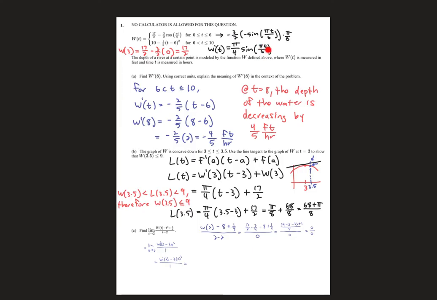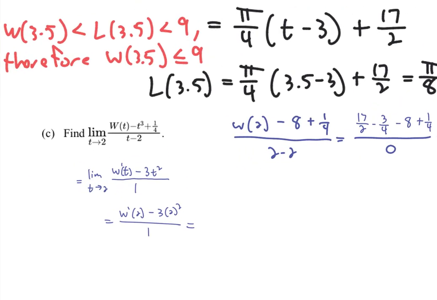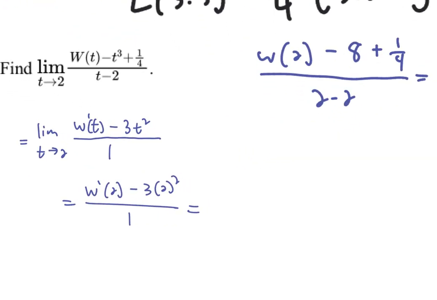Okay, sine of pi over 3 is root 3 over 2. So this will be pi over 4 times root 3 over 2. Okay, and then minus 3 times 2 squared, 3 times 4, which is 12.